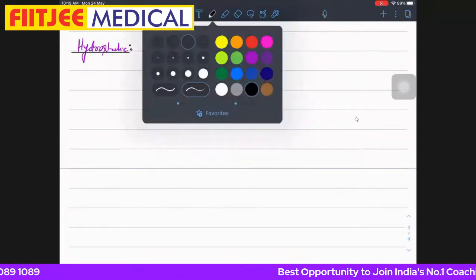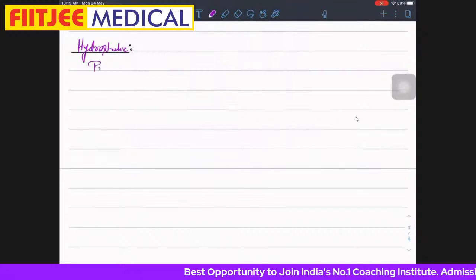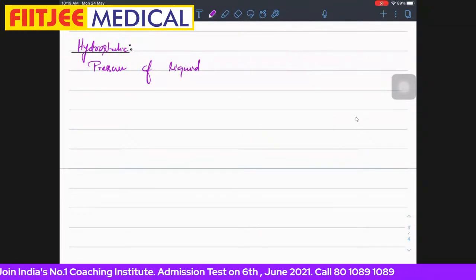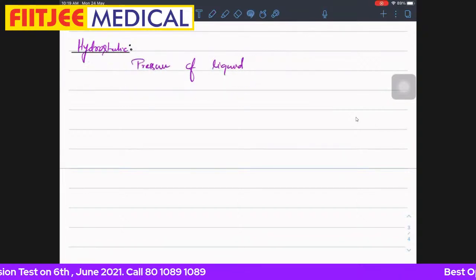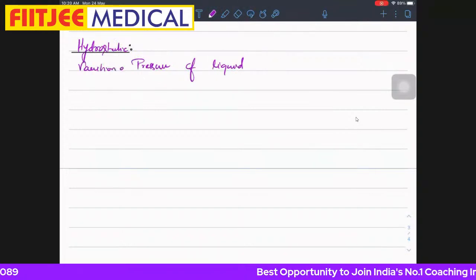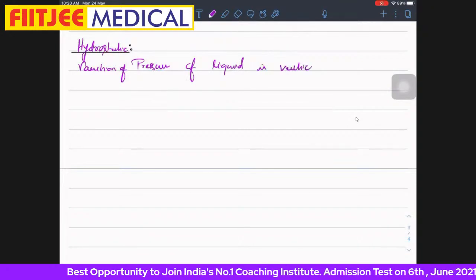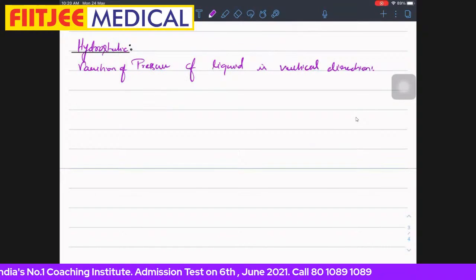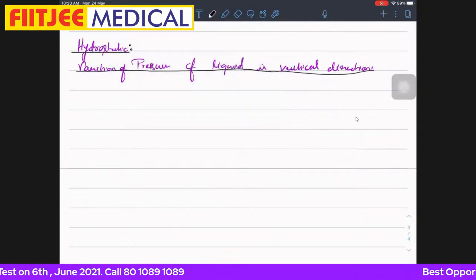So case one, we'll discuss the variation of pressure of a liquid in the vertical direction. Let's understand it.